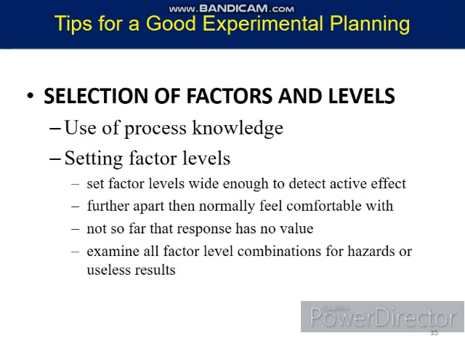Having that process knowledge, you know the limitation in terms of how wide the factor levels should be. So again, the factor levels must be wide enough to detect an active effect, but cannot be so wide that the result will be knowingly bad. You don't want to do that.